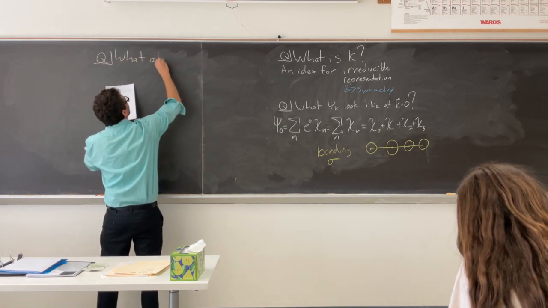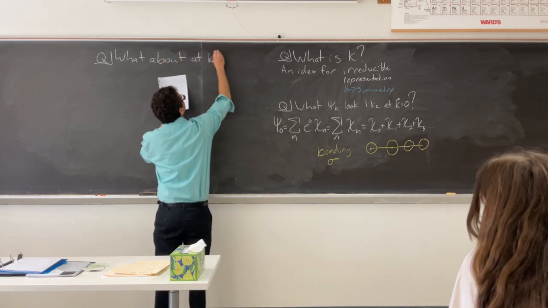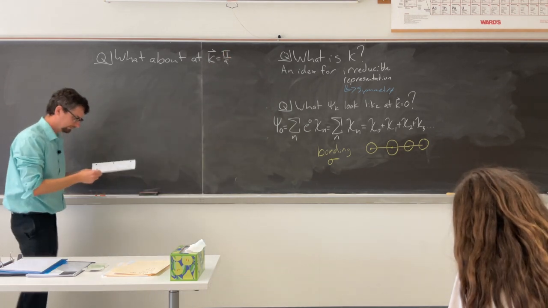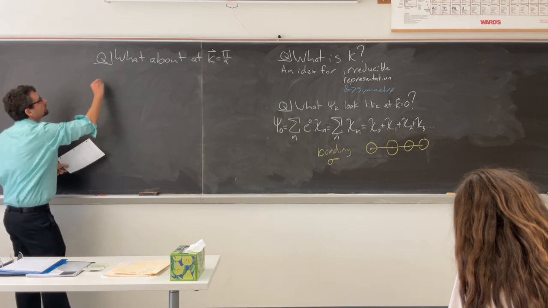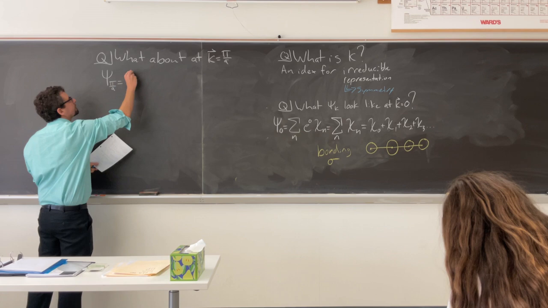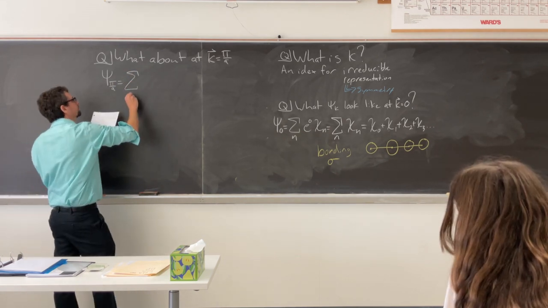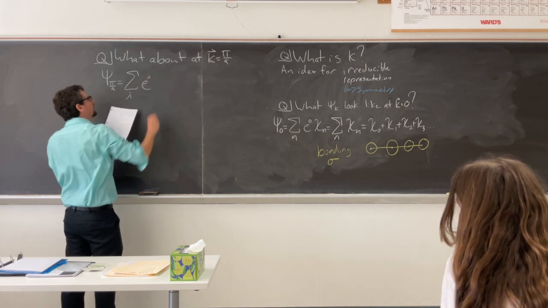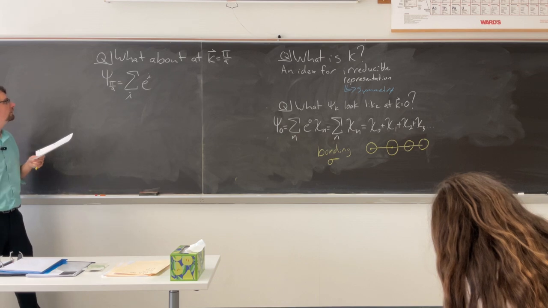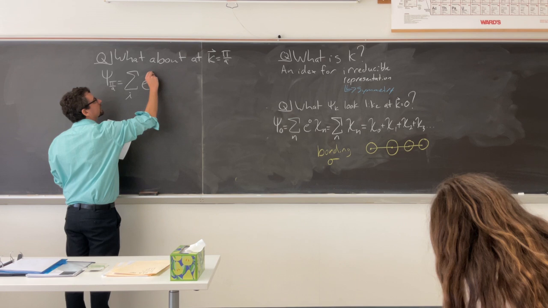Next question. What about at k equal to pi over a? I just erased our summation. It was e to the i k n a, right? What's our k value in this case?